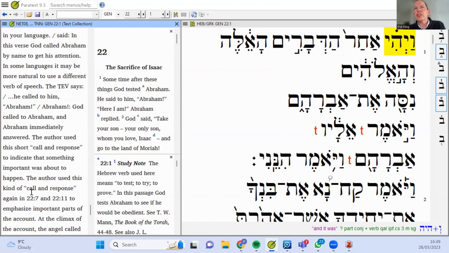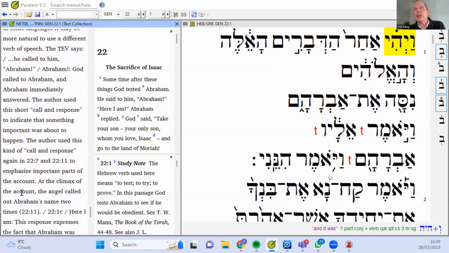It notes the author used this kind of call and response again in 22:7. That was the example we mentioned with my father and my son between Isaac and Abraham. And in 22:11, that's where the angel calls out to stop him from sacrificing Isaac. So this is repeated 3 times, this use of a vocative to call out to someone, and the reply, here I am, emphasizing important parts of the account.